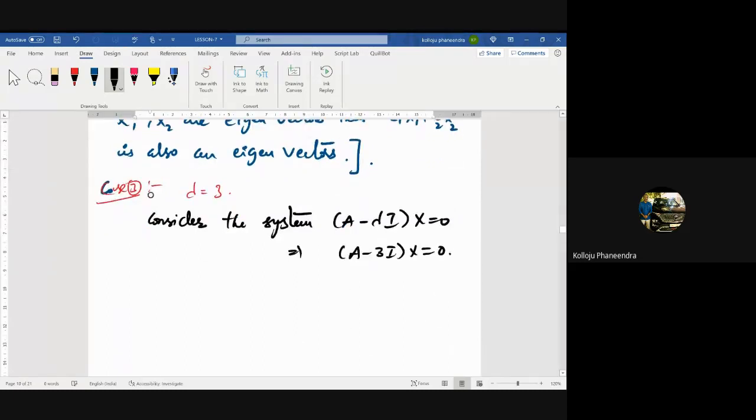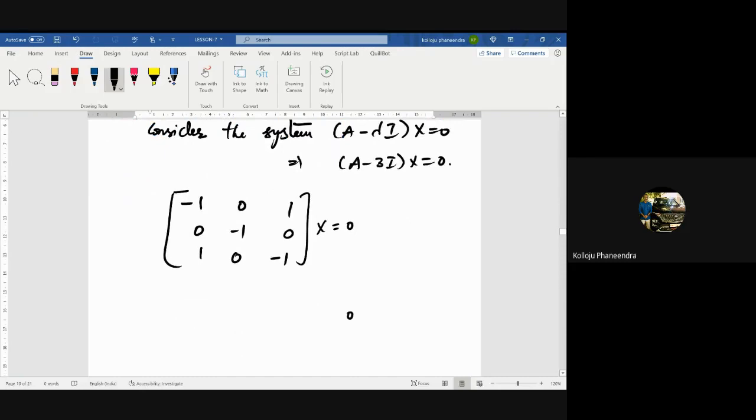Then what happens? This is matrix A minus 3I, which means what? 2 minus 3, 0, 1, 0, 2 minus 3, minus 1. 2 minus 3 means minus 1. So the matrix is minus 1, 0, 1, 0, 2 minus 3, minus 1, into x equal to 0.